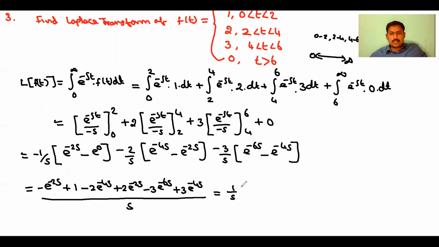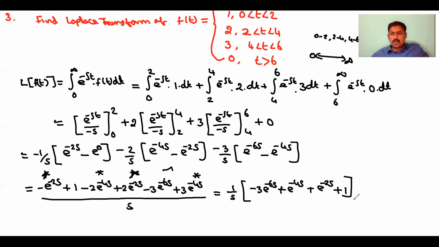Here 1 by s into, simplifying the above terms: minus 3 e power minus 6s I have written first. Here minus 2 e power minus 4s plus 3 into e power minus 4s, if you add that, you get plus e power minus 4s. Next, e power minus 2s: here plus 2, here minus 1, if you add, you get plus e power minus 2s. And the constant term is 1. So this is your required answer.